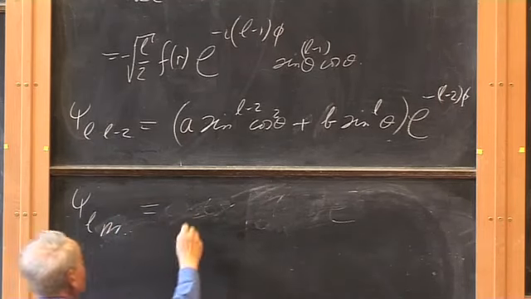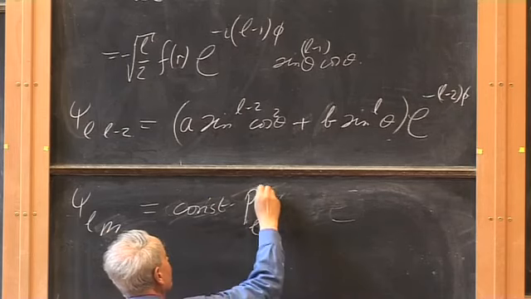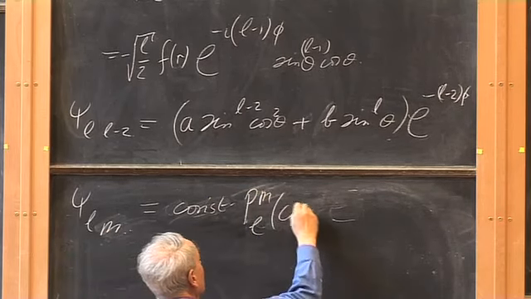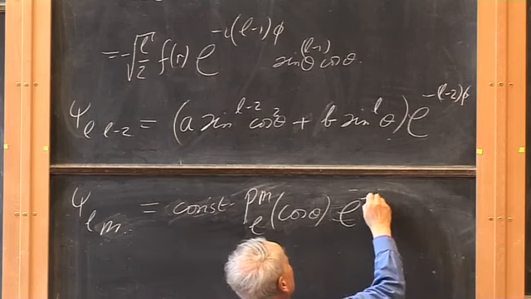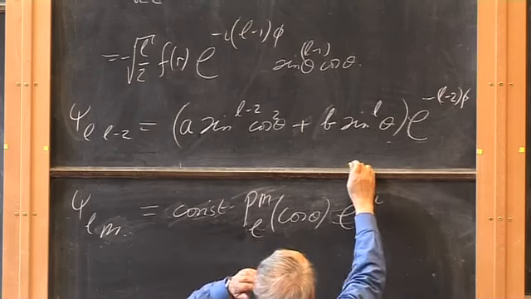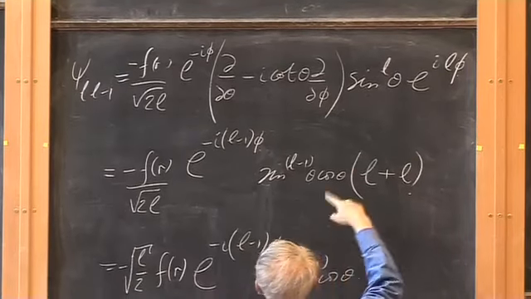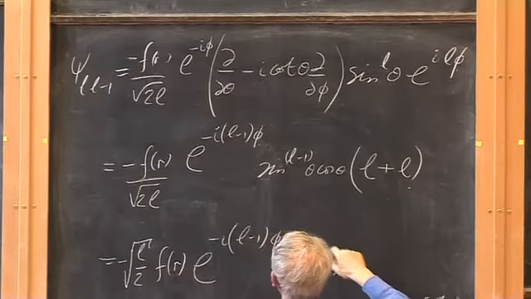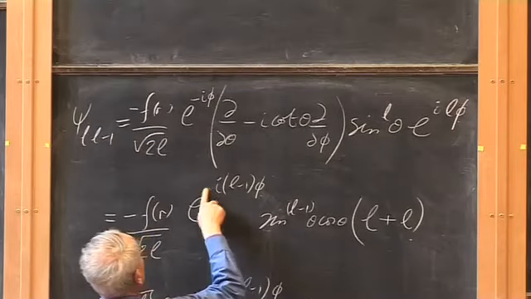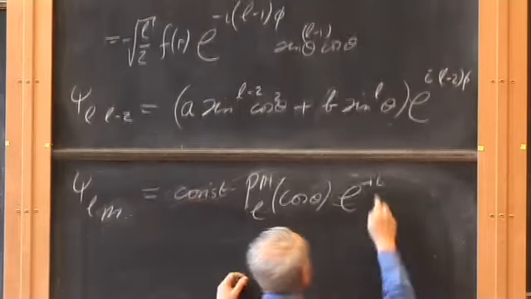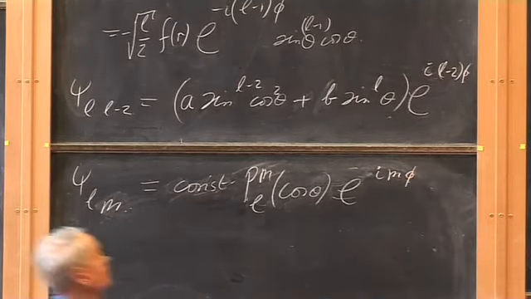If we just keep going, this will turn out to be a normalizing constant times the associated Legendre function PLM of cos theta times e to the minus, sorry, that's an i, not a minus, isn't it? Yeah. This should have been a plus. e to the i m phi.